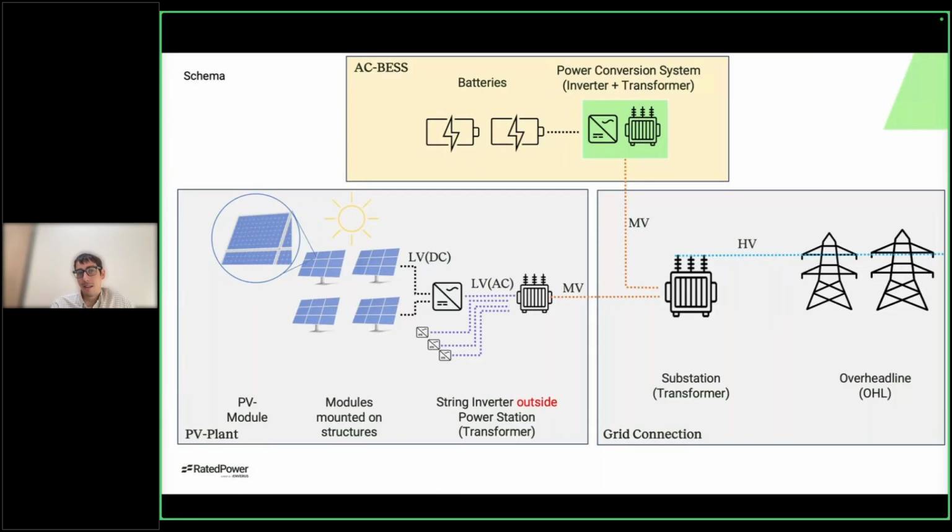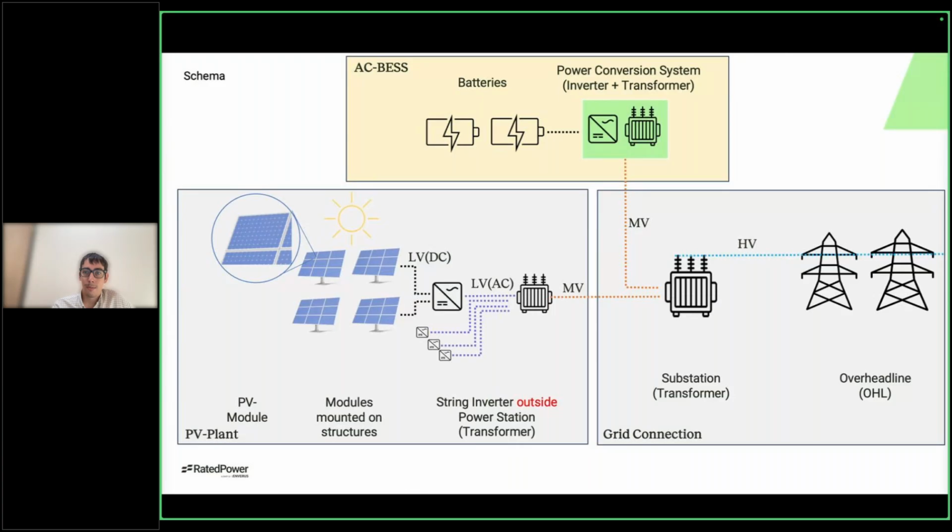This is a similar schema of what we see in RatedPower. It's a little bit of the structure that the program allows users to define. We will be, for example, inputting our PV modules, our structures, defining the type of inverters that we want to use in our project. And as we know, the generation occurs at low voltage.